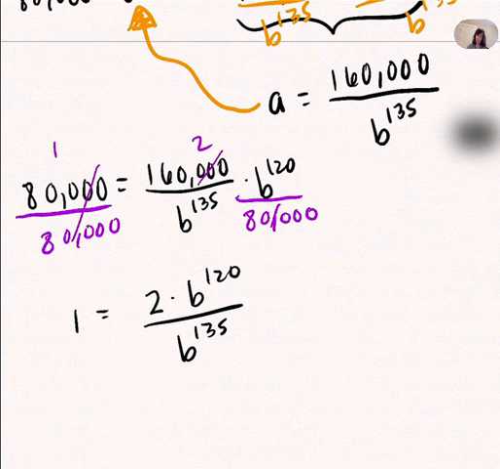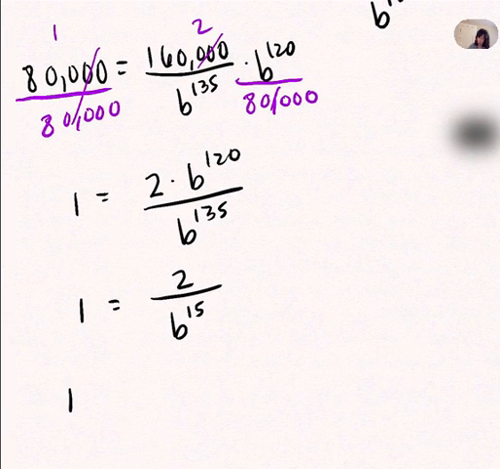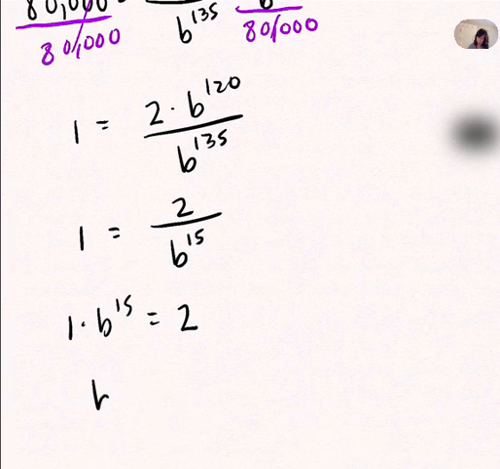And then I can cancel some of these b's right here to get 1 is equal to 2 over b to the 15. At this point, if we cross multiply, we'll get 1 times b to the 15 equals 2, or b to the 15 is equal to 2.